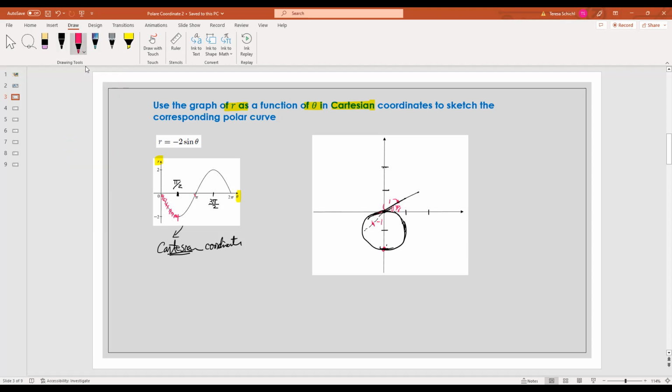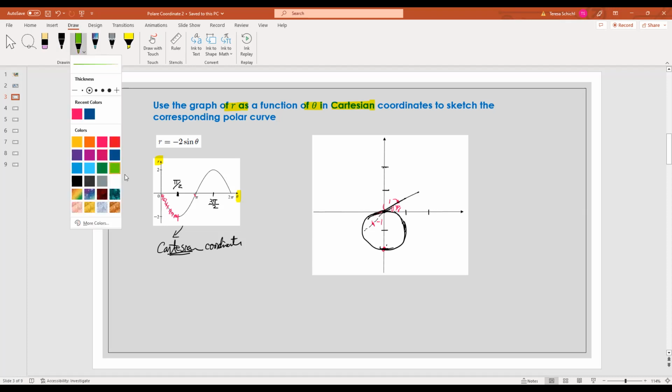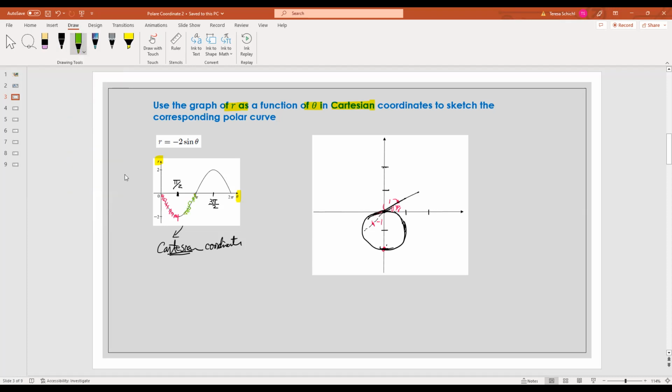Let me give it different colors here. From pi over 2 to pi, that means any angle in here, and because it's negative, what are you going to do here? You're going to switch back to this side here, correct?